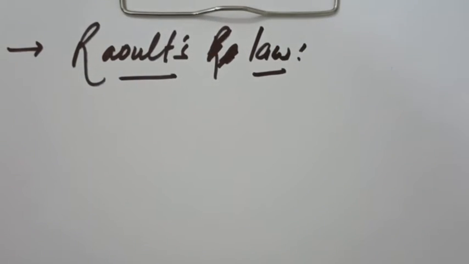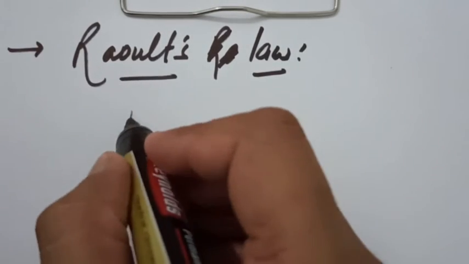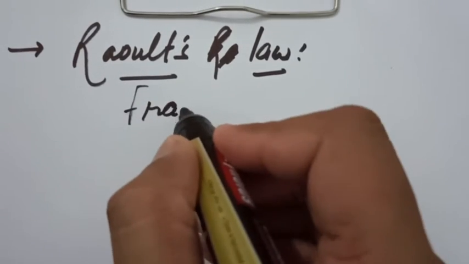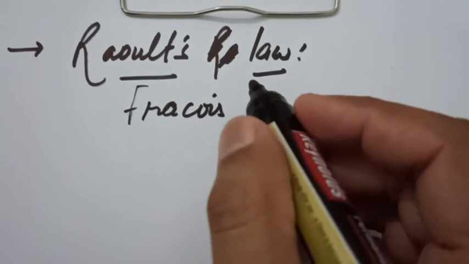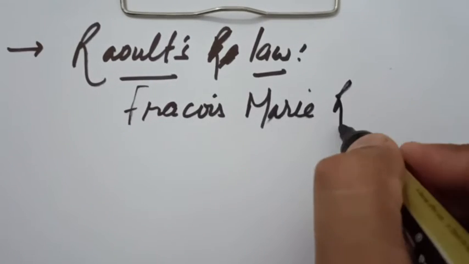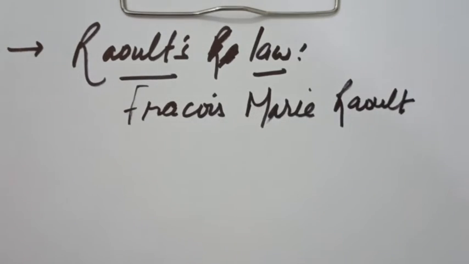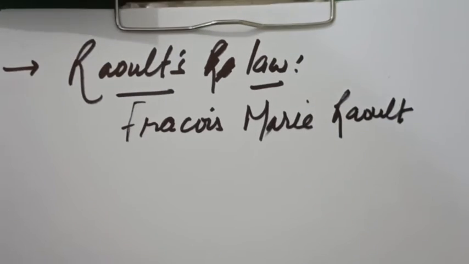Raoult's law is of very much importance, it is very important for the board exam. There was a French scientist known as Francois Marie Raoult. He gave a law on the vapor pressure of liquids.